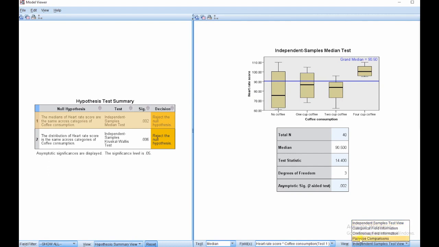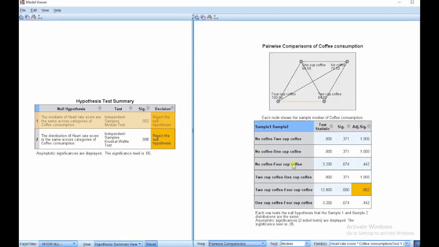So I can report this result also, and the pairwise comparison. Okay, so I am just taking the pairwise comparison, so we do not need to perform the Mann-Whitney U test. Now you can see through this output, for no cup coffee with 1 cup coffee, what is the p value? It is greater than 0.05.